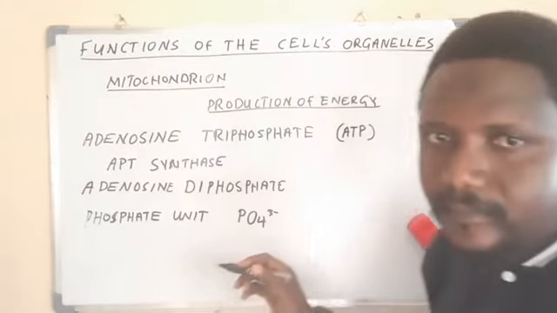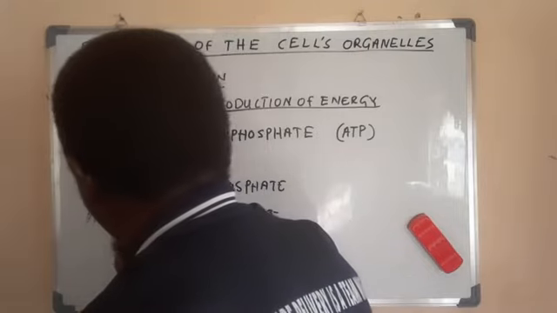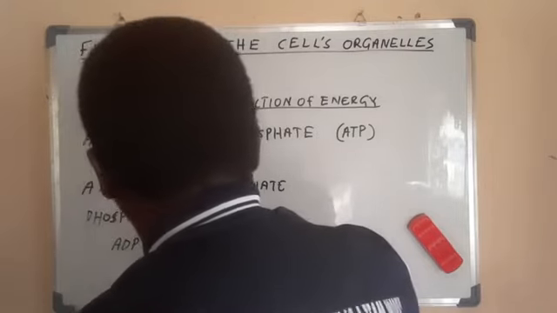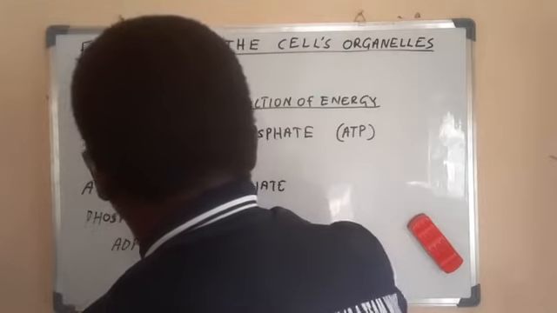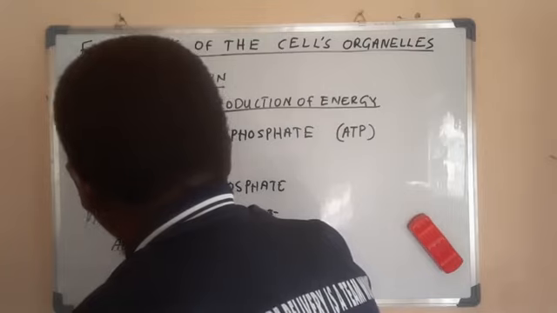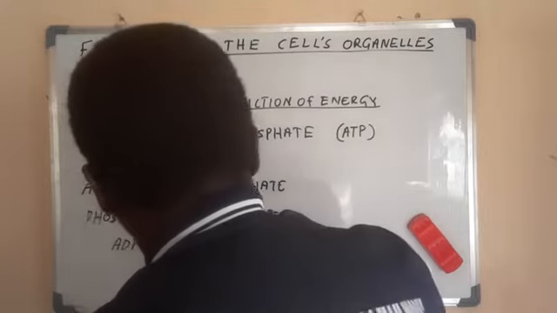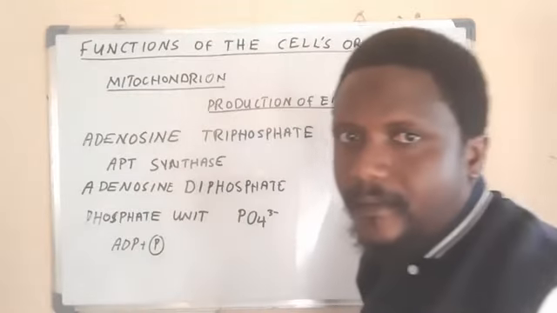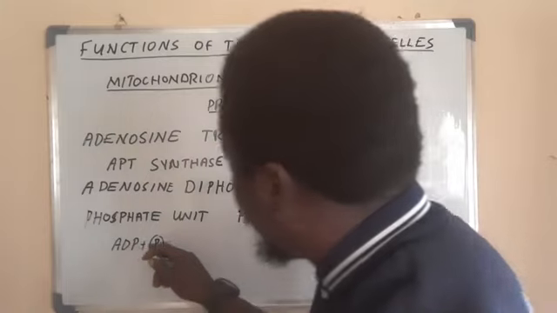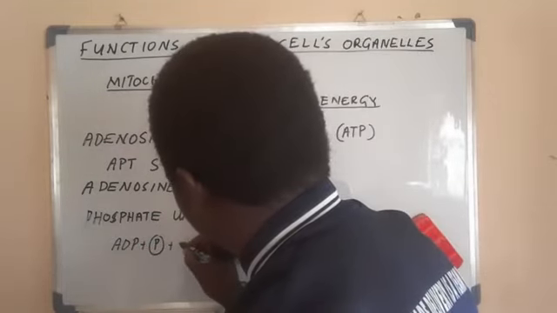So what happens is that there is ADP plus this phosphate unit. The enzyme adds the phosphate unit. And the addition of this phosphate unit cannot be possible without the presence of energy.